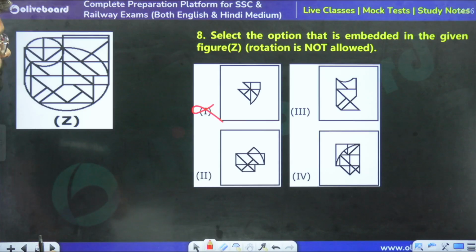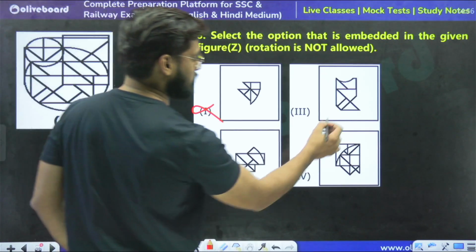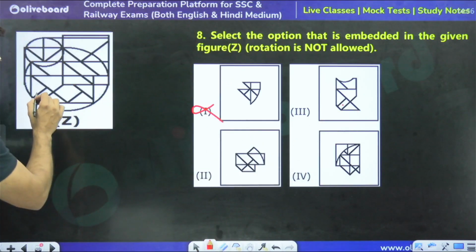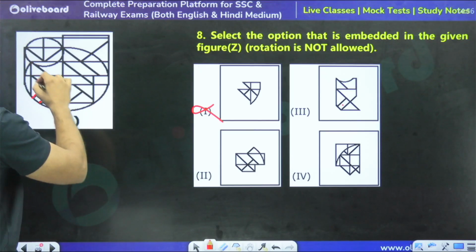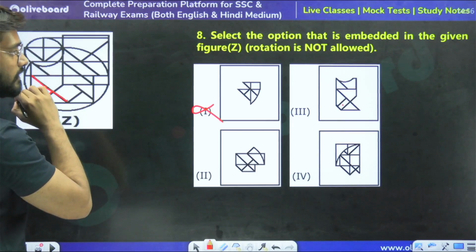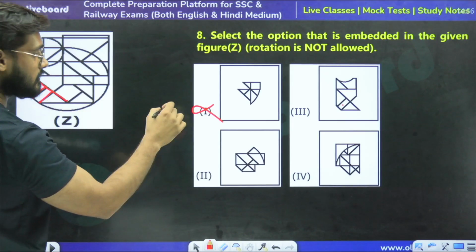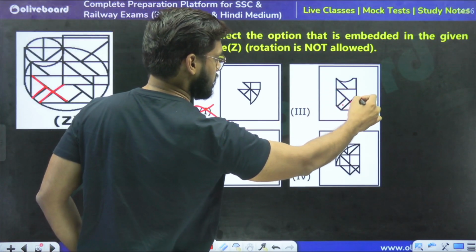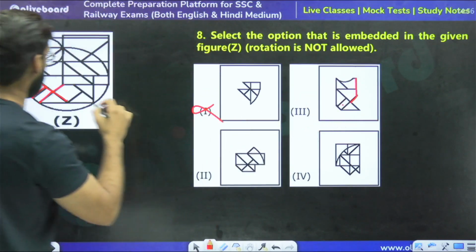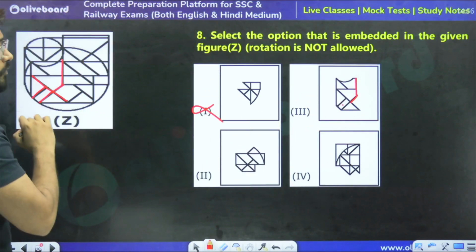Then what can we do? I can see these two things, this thing and this thing over here, right? Okay, then we need a diagonal like this. Okay, then that second line should go like this, you can see this thing, then it should go above, it is going above like this, no issue.